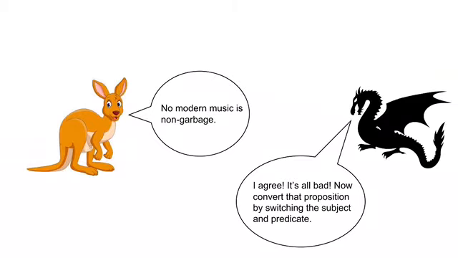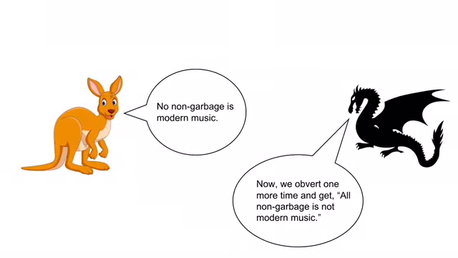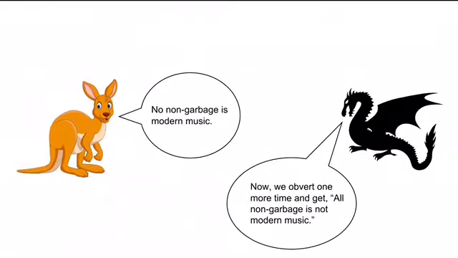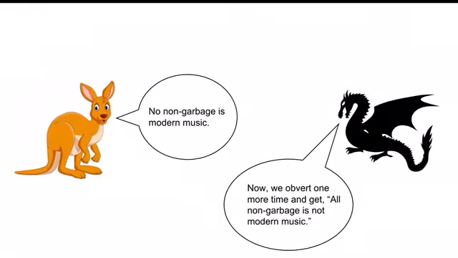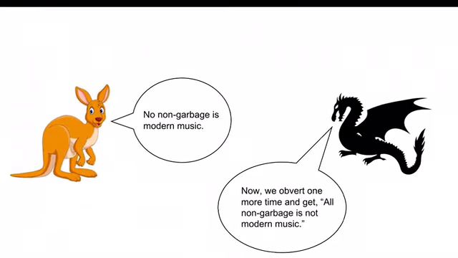It's all bad. He says, now, convert that proposition by switching the subject and predicate. And so Kangaroo figures it out, and she says, no non-garbage is modern music. Okay, we've just converted by switching the subject and the predicate.